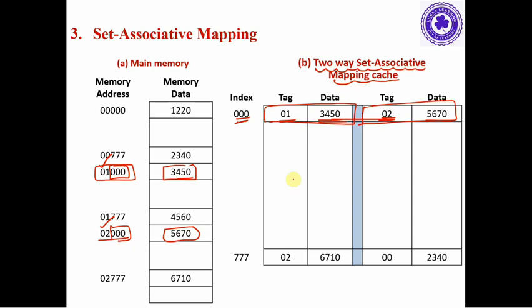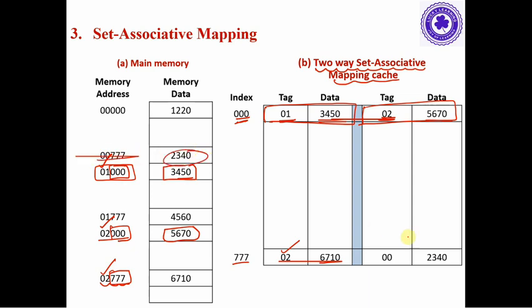The same thing you can observe with 02777, which is to be stored in the index 777. The data word is 6710 and the tag is 02. And look at the same index, 00777.